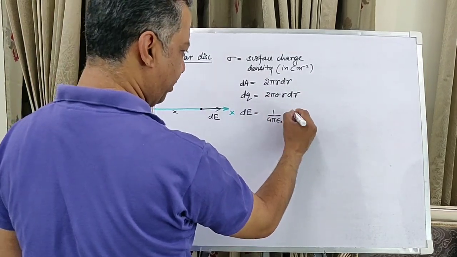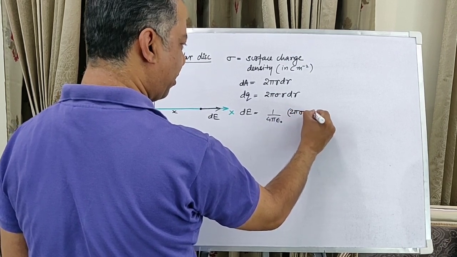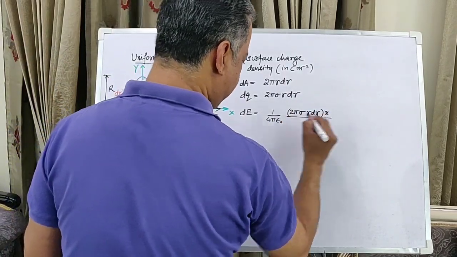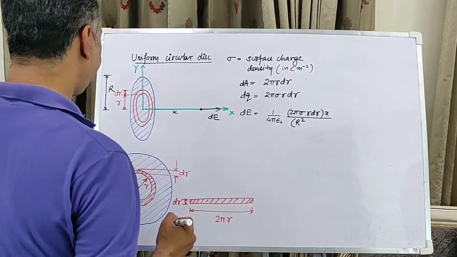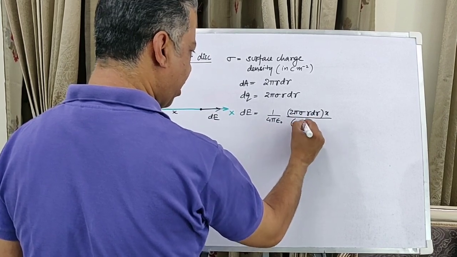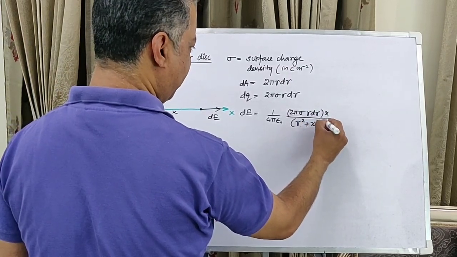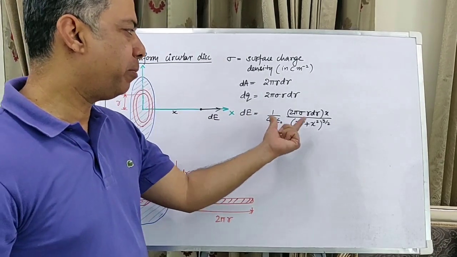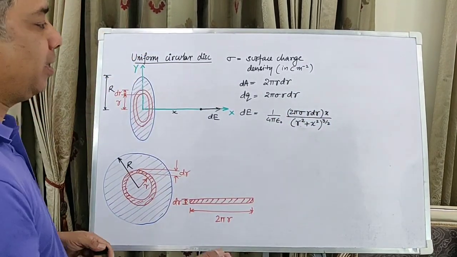The formula for the ring is Q, and Q is 2 pi sigma r dr, Q times x divided by r square, actually small r here. The radius of this particular ring is small r, so r square plus x square raised to the power 3 by 2. This is from the formula for the ring, 1 by 4 pi epsilon naught q x by r square plus x square to the power 3 by 2.